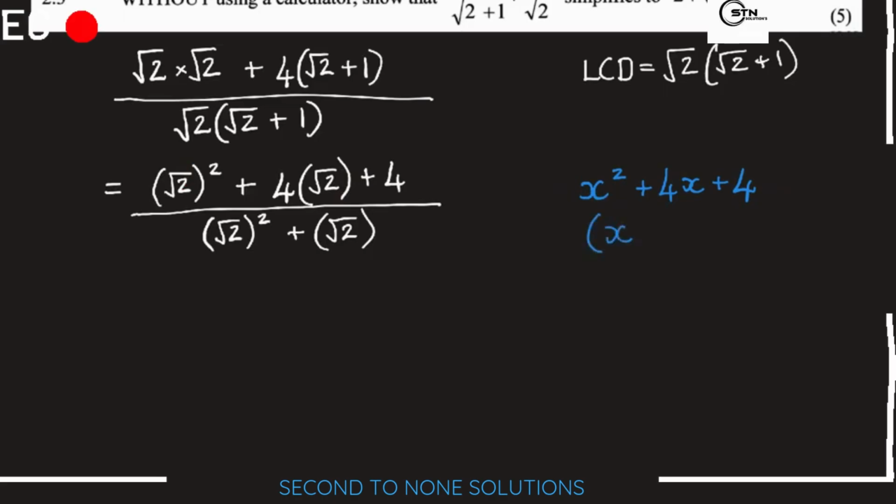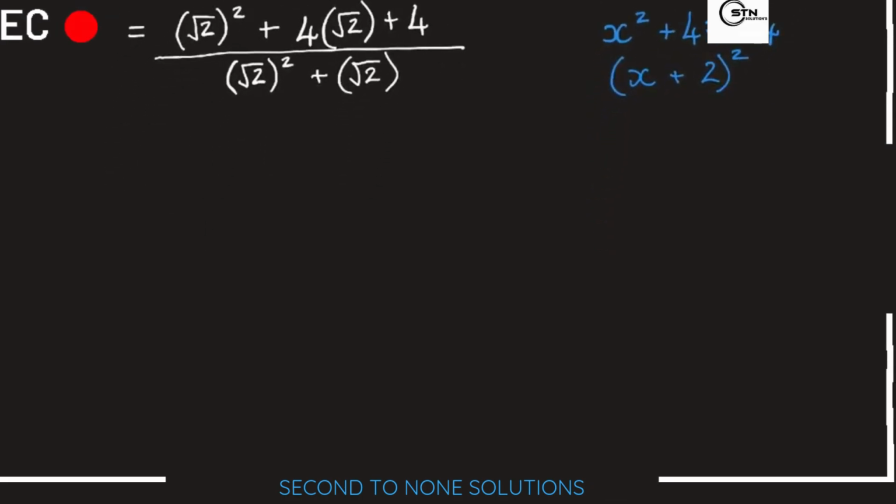If I were to factorize this normally, I could see that it's a perfect square, so it's going to be x plus 2. So let's just show that on my calculation side. But instead of x, it's going to be the square root of 2 plus 2, and that's going to be squared. And this is where it starts looking exciting.